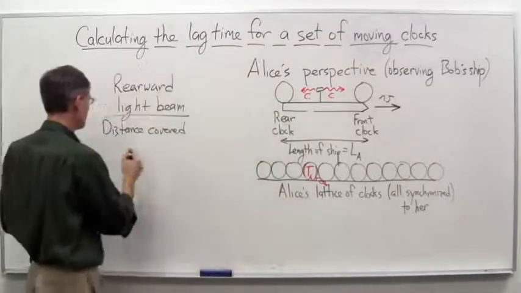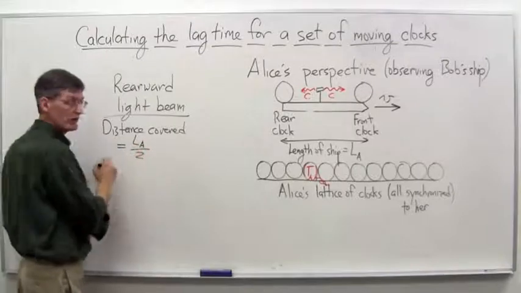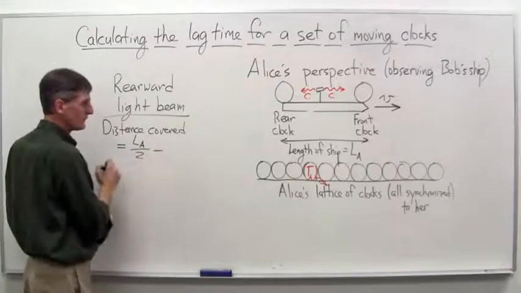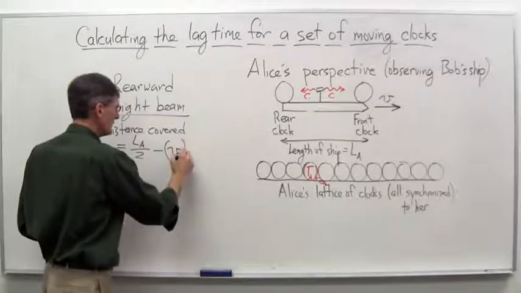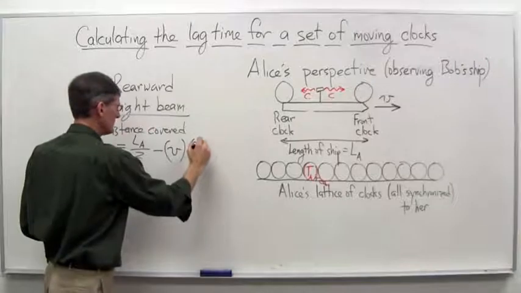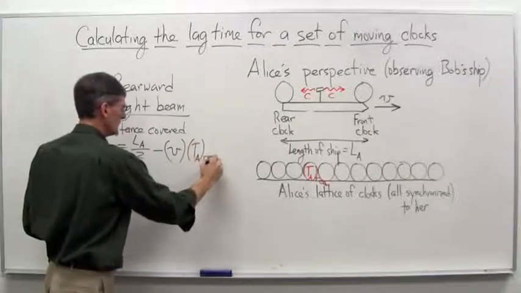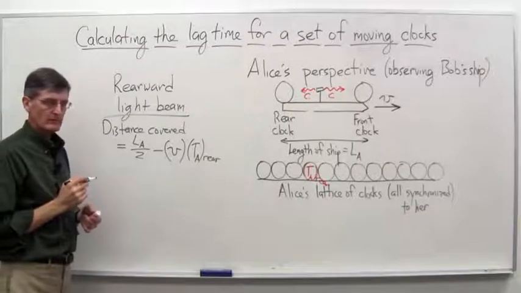So we get something like this. The distance covered is going to be half the length of the ship minus the velocity times T sub A rear. Okay? That's a little unfamiliar to you.